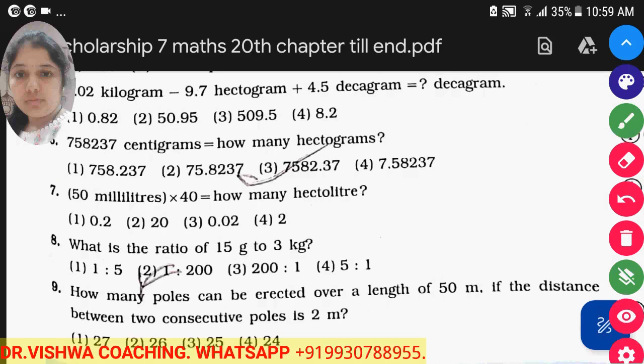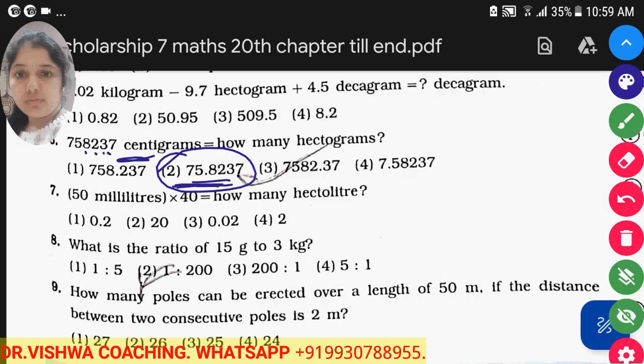So it becomes 1, 2, 3, 4. So 75.8237 hectogram is your answer. Okay, so this is your answer number 2.